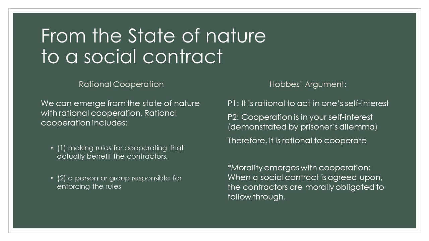And morality emerges with this cooperation. When a social contract is agreed upon, the contractors are morally obligated to follow through. But the state of nature tells us that people will act against this agreement unless it is accompanied by a system of incentive and deterrence.